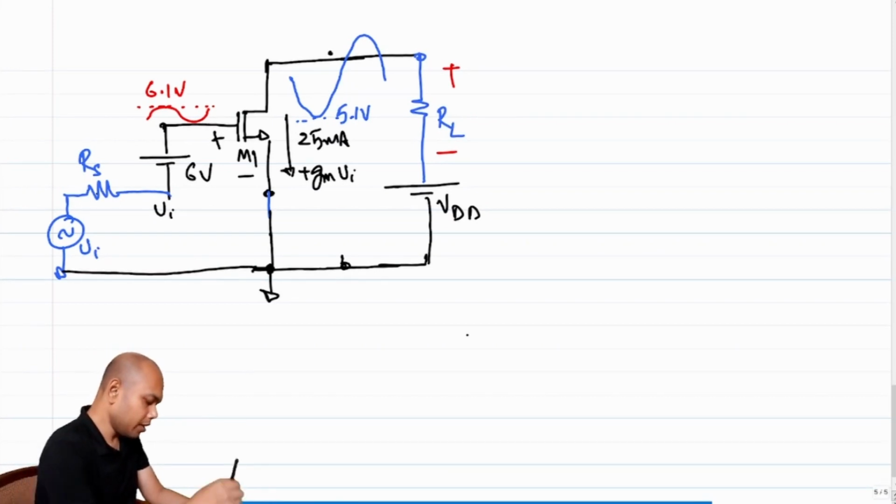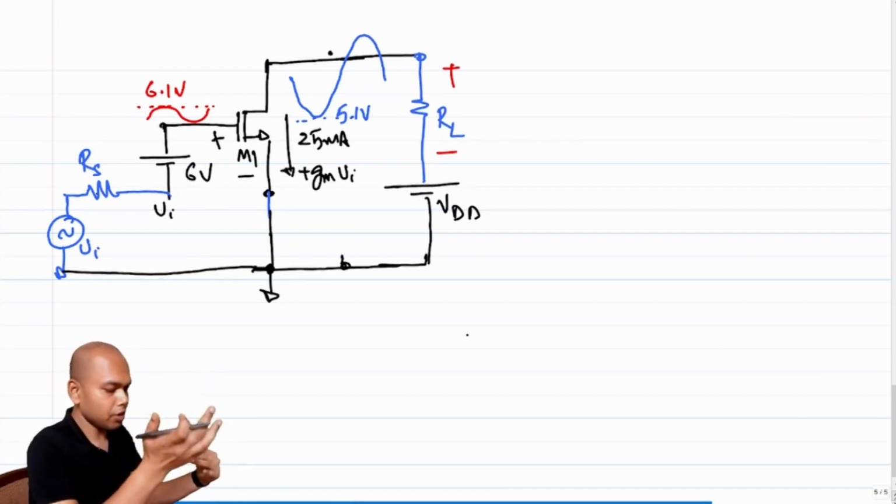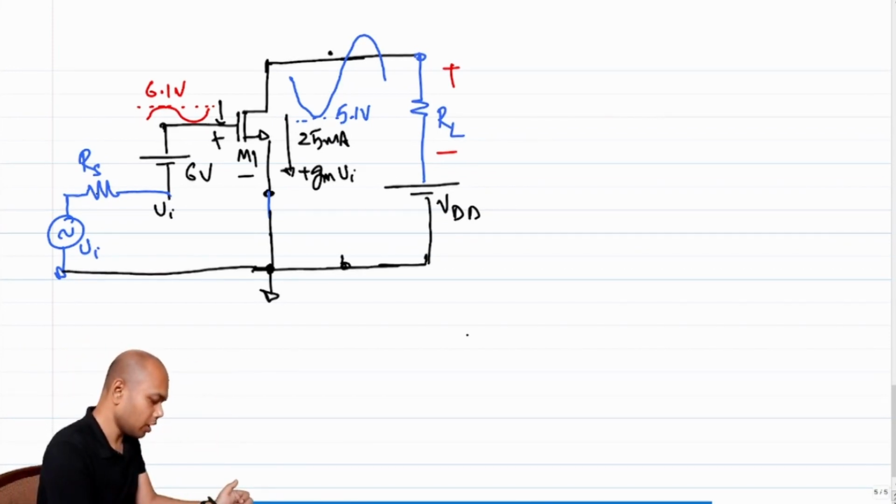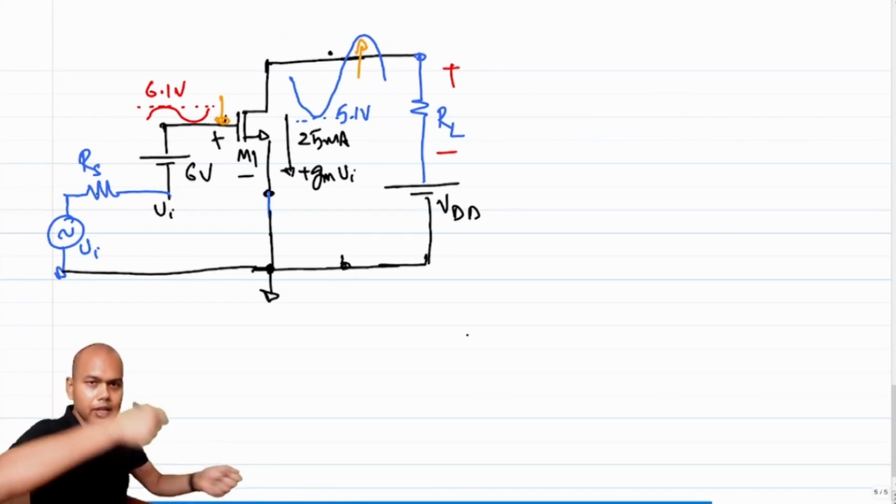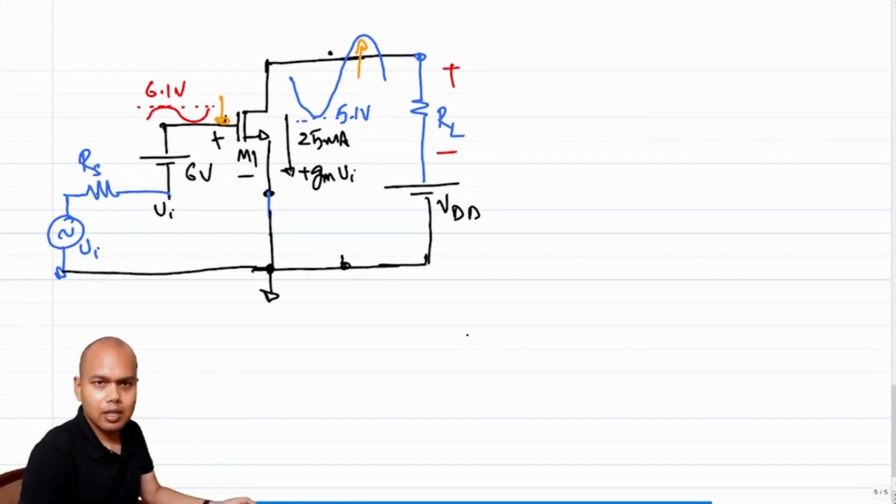Clearly, when the input is going low, when the gate voltage is going down, the drain voltage is going up, right? They are antiphase. The drain voltage is going up, so I am increasing the difference between the drain and the gate.